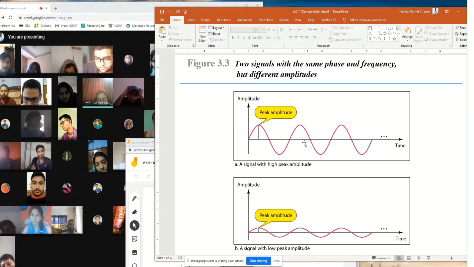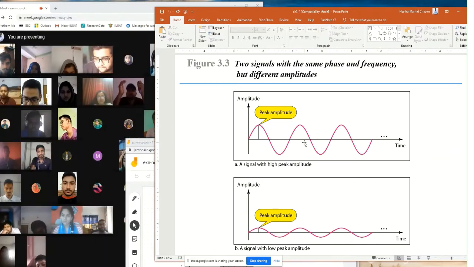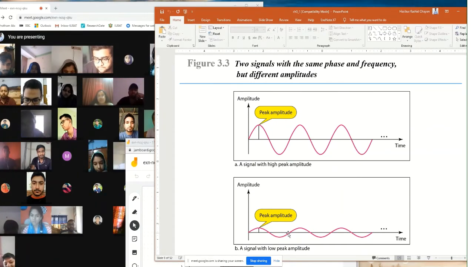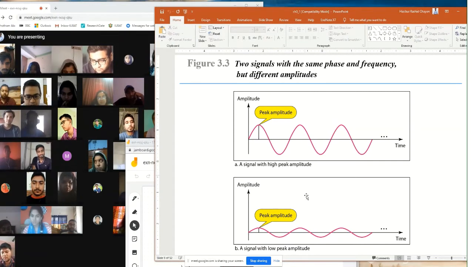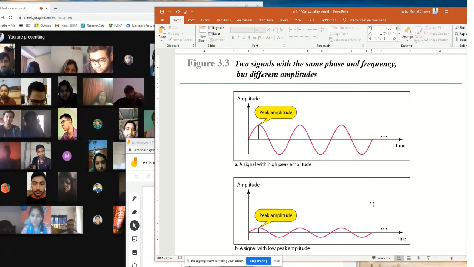Yes, sir. Okay, the explanation is correct, that if you can travel more distance than any other one, that means your wavelength is higher than any other signal. By the way, can you find out what is the frequency of these two signals? Let's consider this is 1 second.